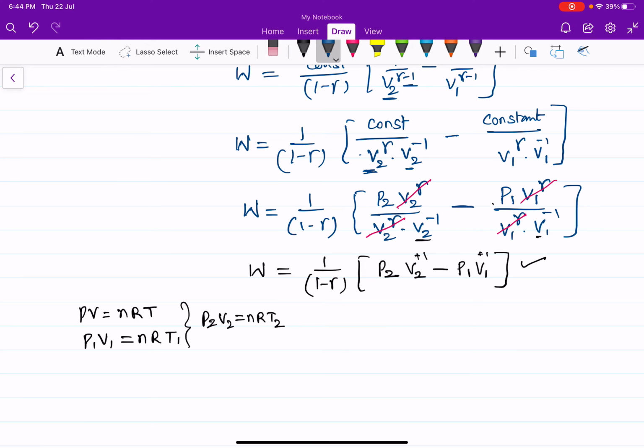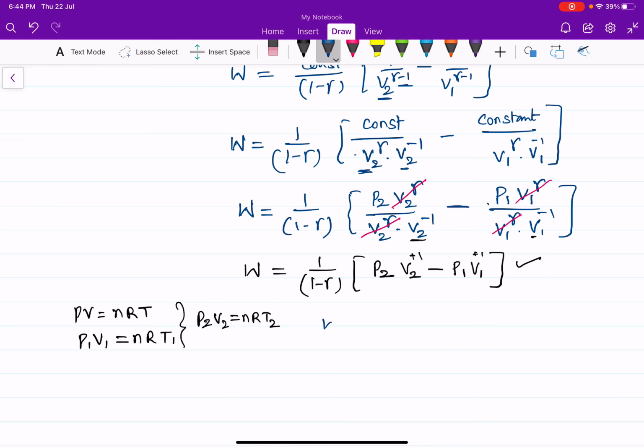So work done is 1 by 1 minus gamma into P2 V2 minus P1 V1, or 1 by 1 minus gamma into nRT2 minus nRT1.